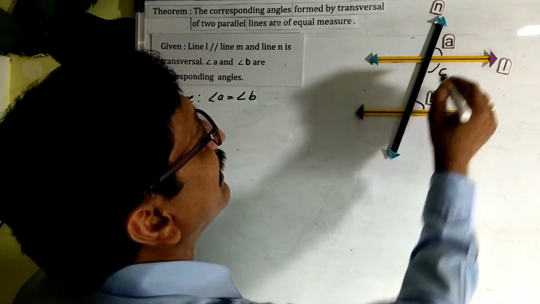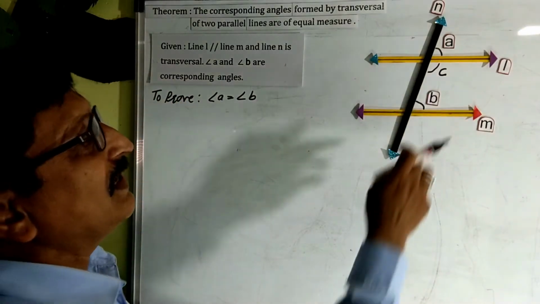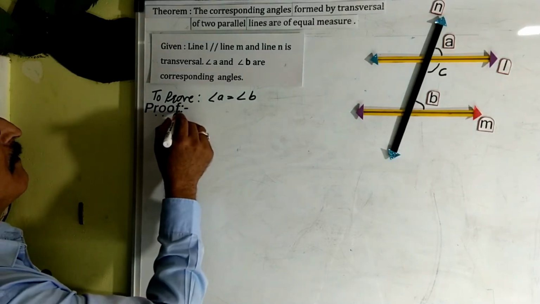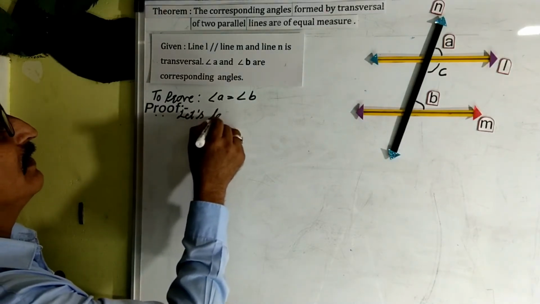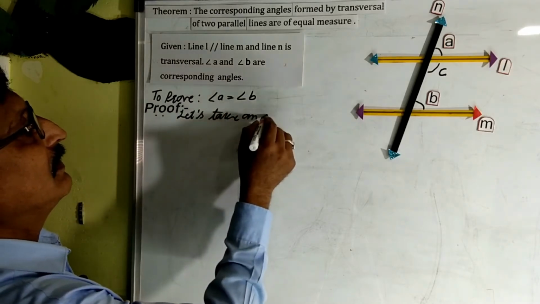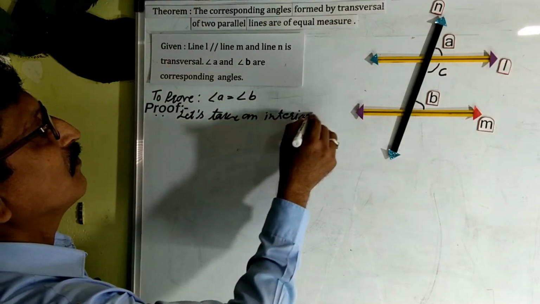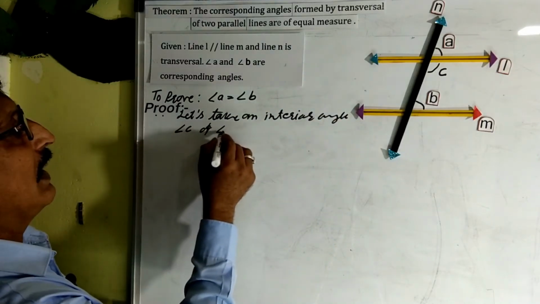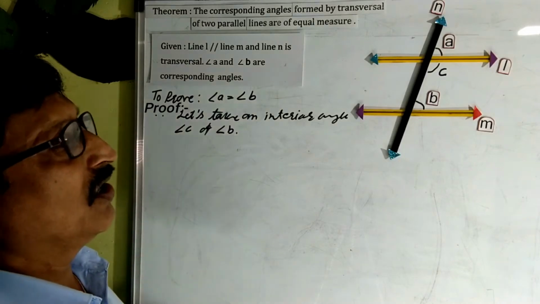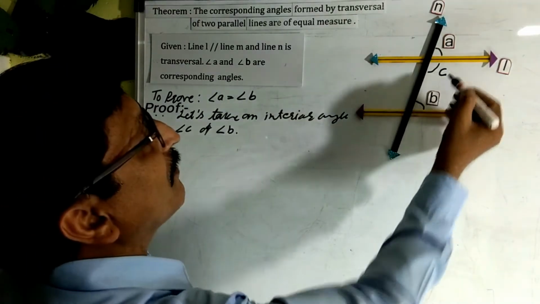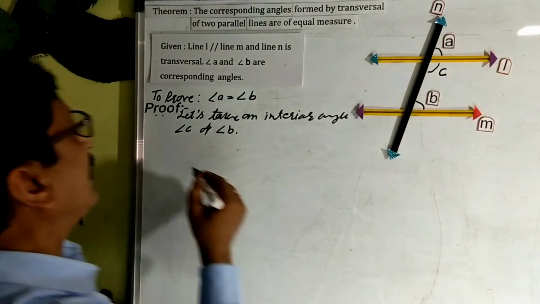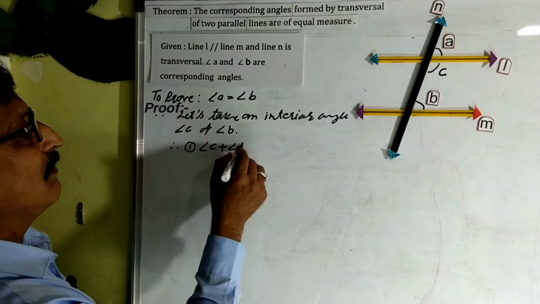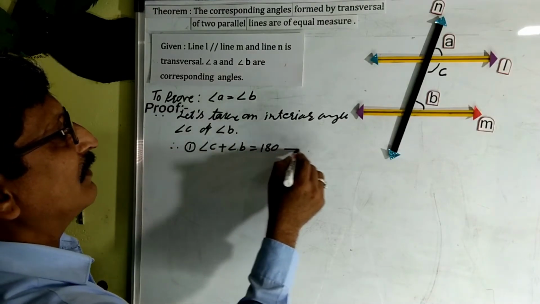Say angle C. That means angle C is an interior angle with angle B, so let's take an interior angle, angle C of angle B, and now you have to write the relations between C and B as well as angle A and C. Therefore you can write the first: angle C plus angle B is equal to 180 degrees.